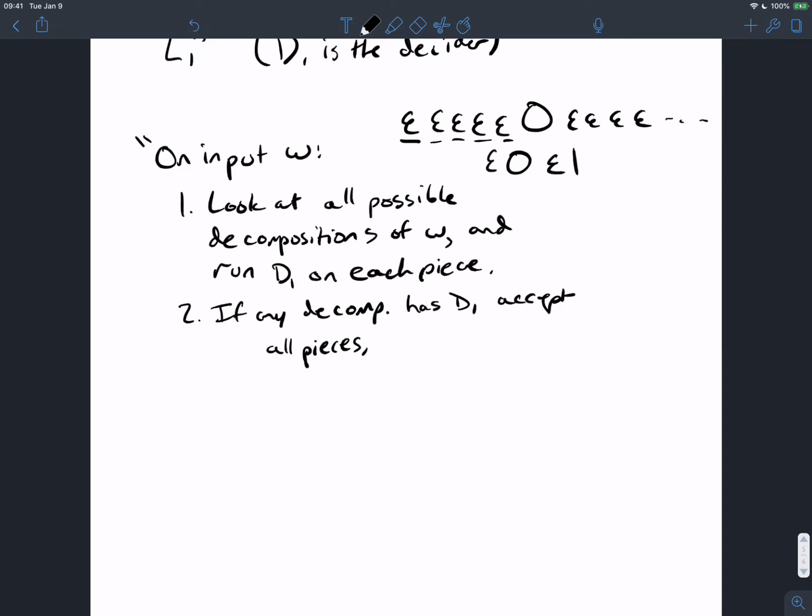Accept, because we just found a way of partitioning the string into pieces where D1 says yes on every single one, which means it's in the star of L1. So then we must accept. Then at the end, if we've tried every possible one and none of them had worked, so if none work, we reject. Because there's no possible way it could be in the star.